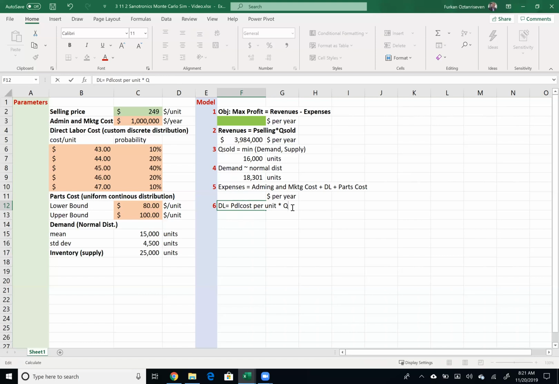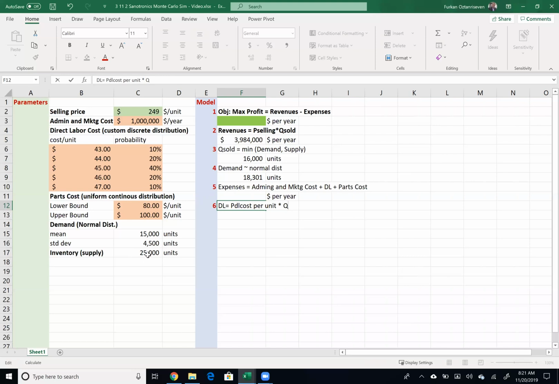The cost of direct labor is going to be based on production. I'm producing 25,000 units, so I could consider that. And I think that's a good way to do it, because when you spend money for people, you don't spend based on demand or quantity sold. You spend based on how much you produce.